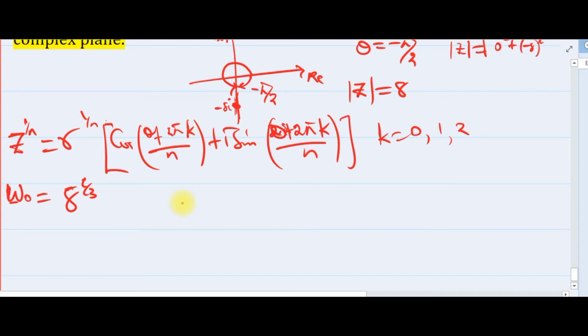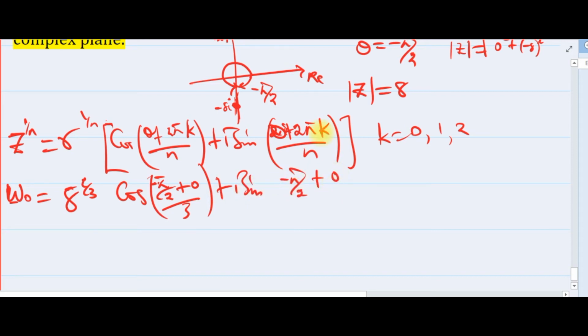So we have cos of minus pi over 2 plus 0 over 3, plus i sine of minus pi over 2 plus 0, because k is 0, no need of writing that.